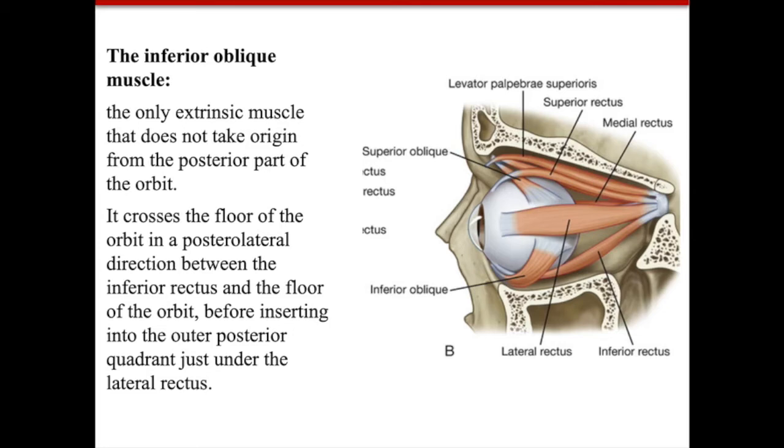So it's attached to the eye from the lateral side. Okay? It is really at that point under the lateral rectus. You see one attachment there. That's the inferior oblique.